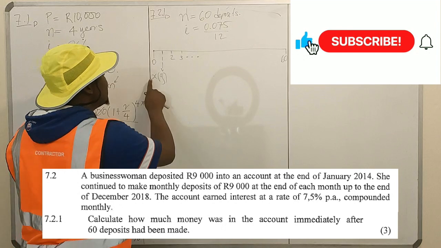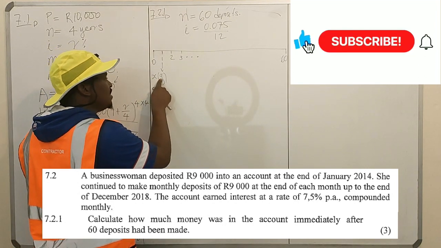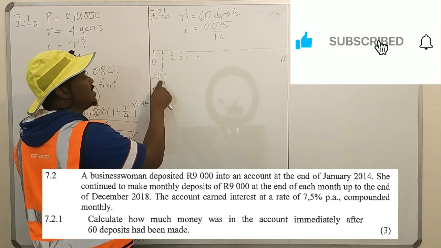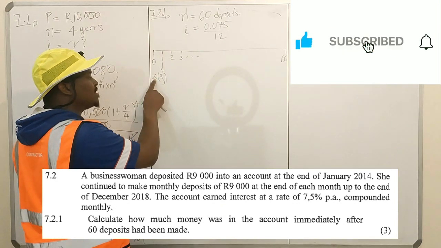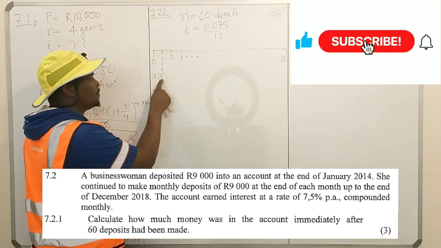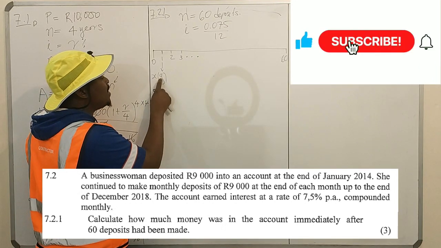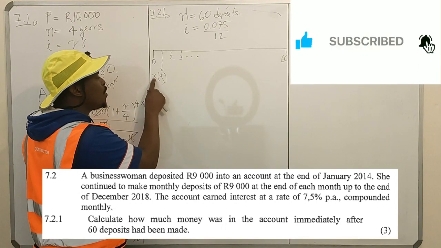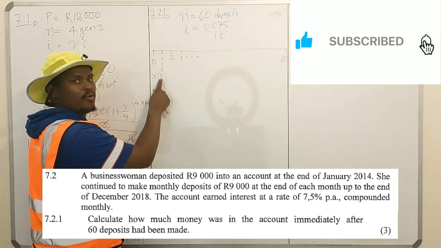So these are the amounts that she's making. Let's say this is the interest that this amount is gaining. So this is your first deposit, 9,000, and it's gaining this interest rate. How many months will the first deposit gain interest for?